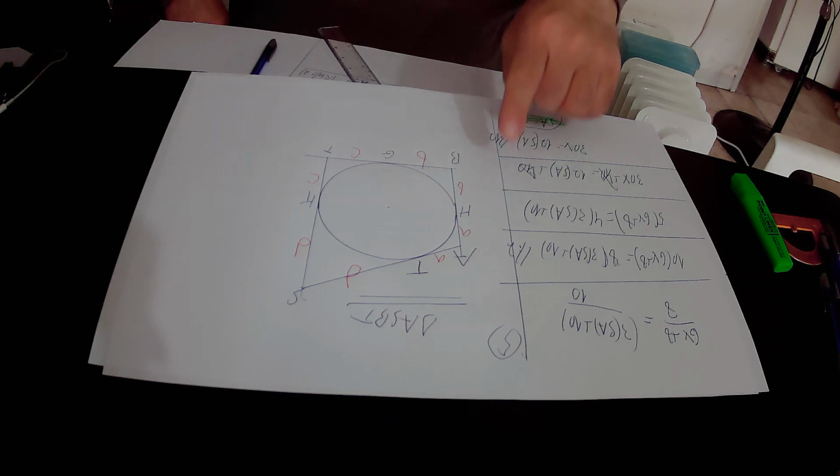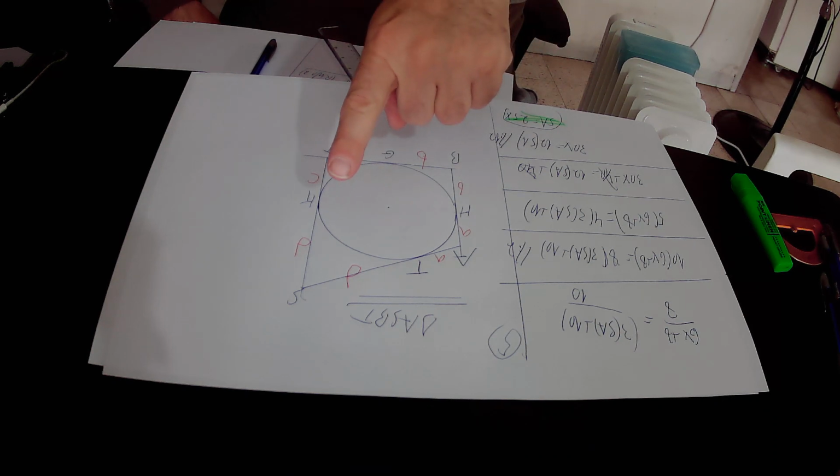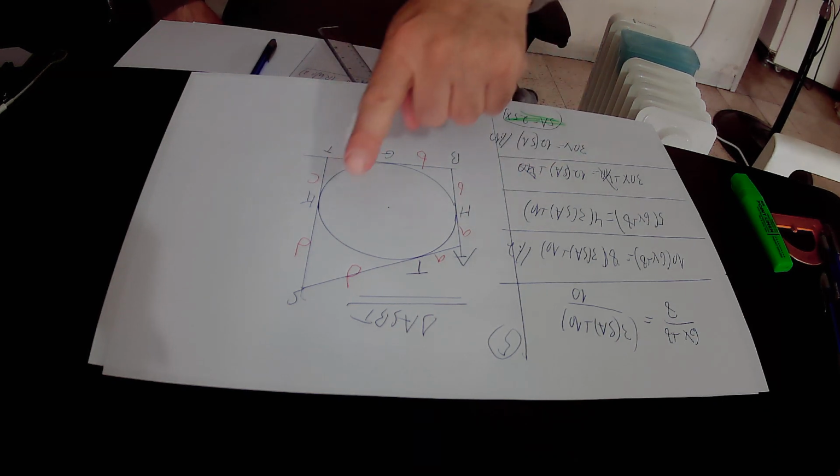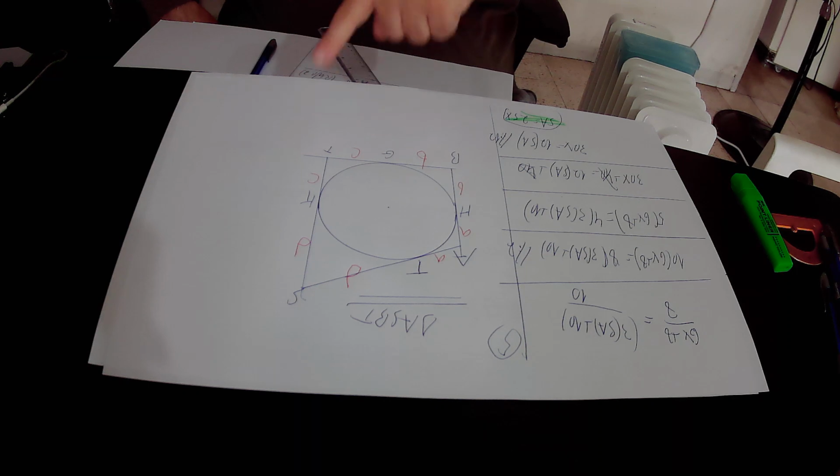In the next step, we will add side AB to the opposite side, side ST. Again, AB plus ST. What is the value of AB plus ST?